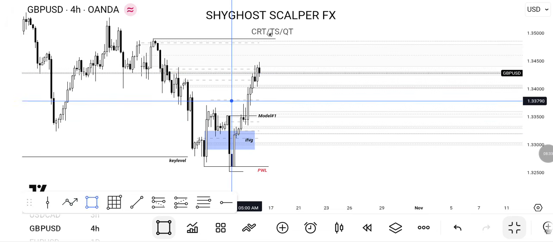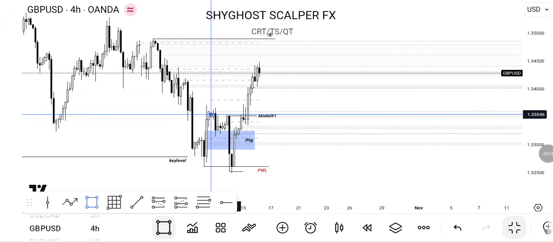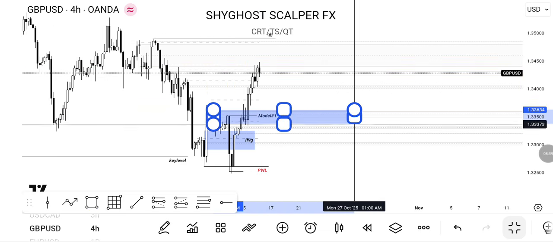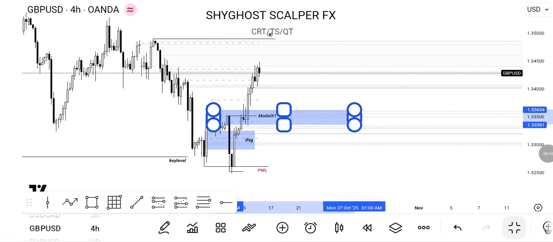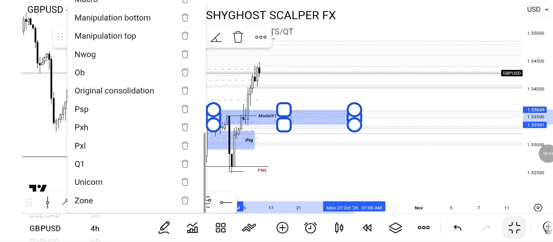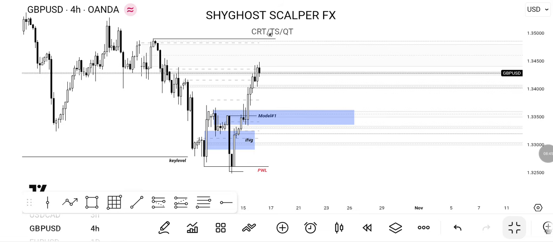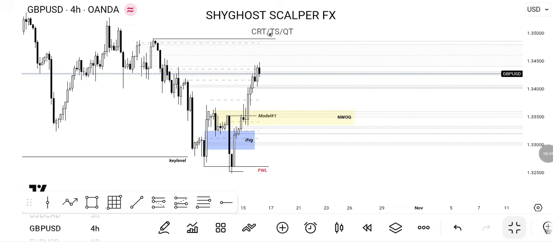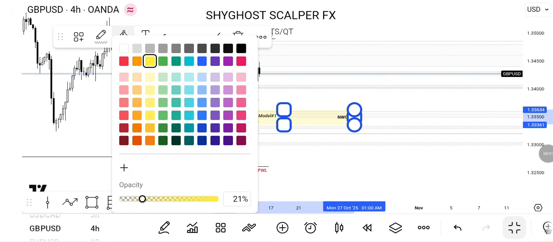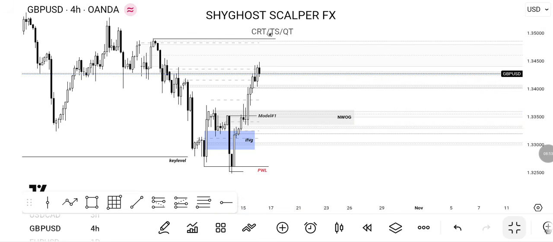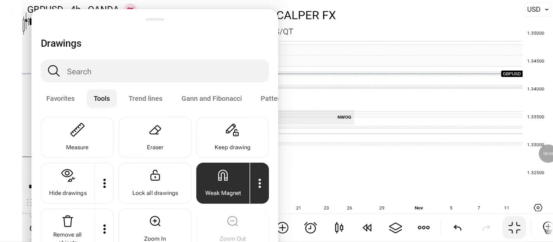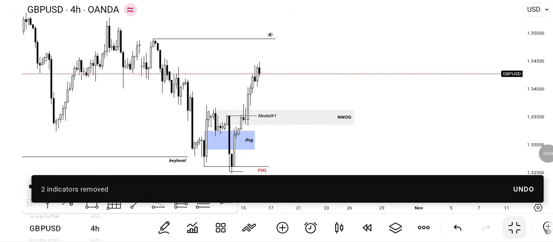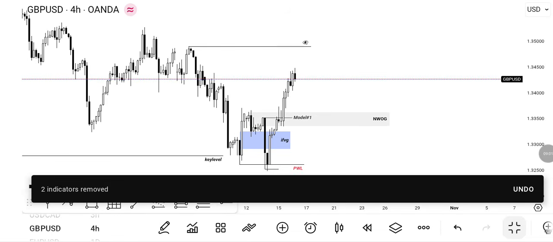On top of it, we can see that we have our new week opening gap, right? So it's building our confidence to say we can indeed go to where? To the upside, right? Now we can remove this indicator to keep our charts clean, right?